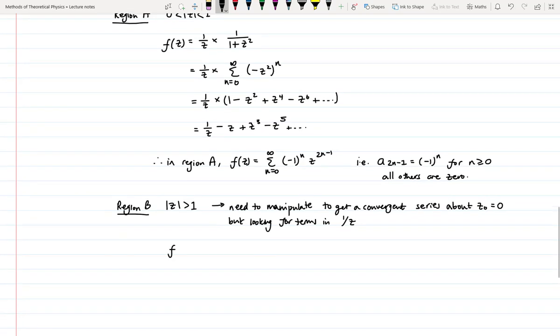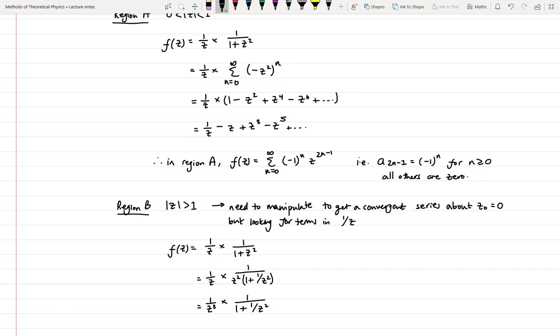We have, as above, f of z is 1 over z times 1 over 1 plus z squared. Now we can manipulate this second bit by taking out a factor of z squared, and inside this bracket having 1 plus 1 over z squared. Taking factors together, we have 1 over z cubed times 1 over 1 plus 1 over z squared.